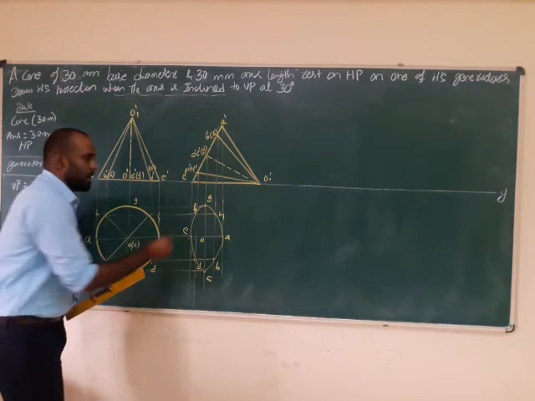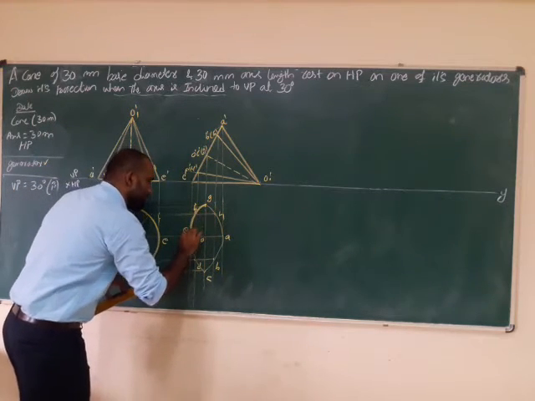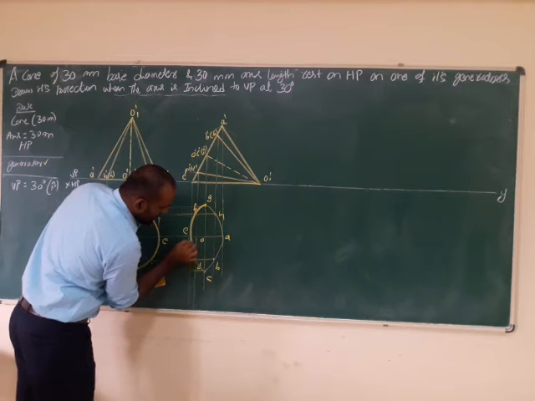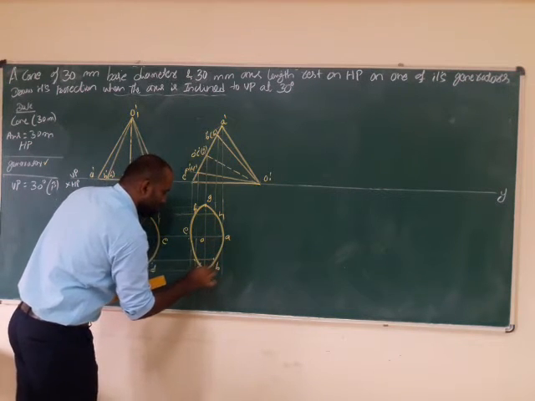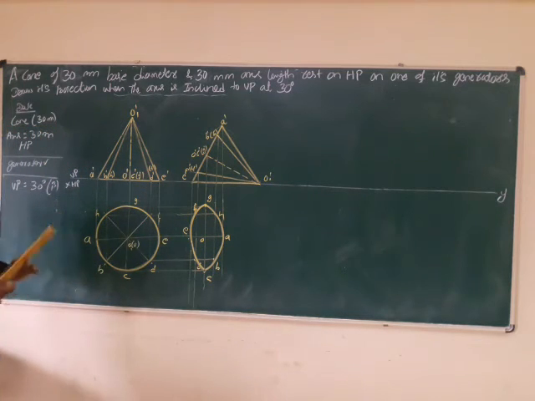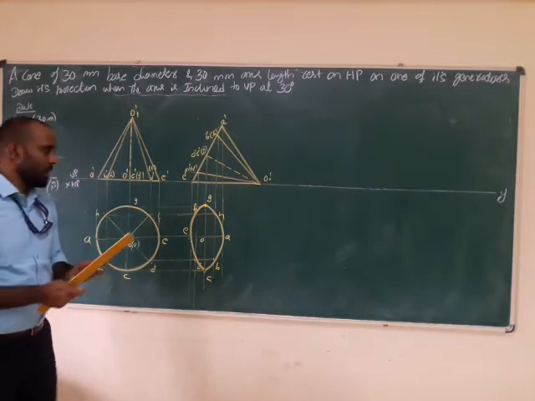This is called an ellipse, you have to draw a dark line. If the circle is inclined at some angle, the circle looks like an ellipse.